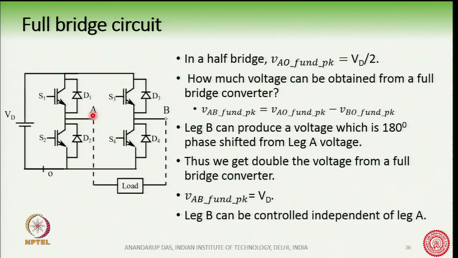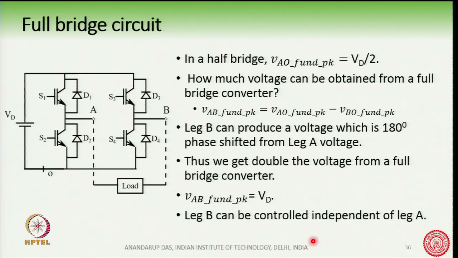In a full bridge we introduce one more leg here, and these two legs are independent of each other. So, they do not know about each other. Leg B can be controlled fully independently of leg A.